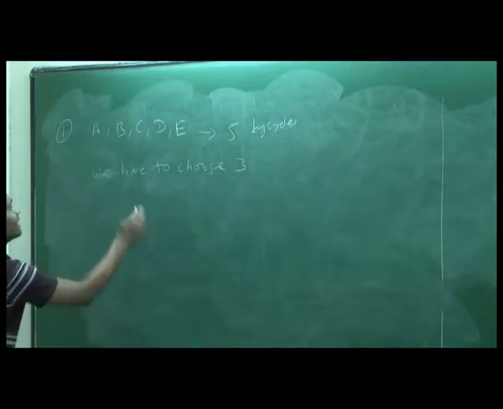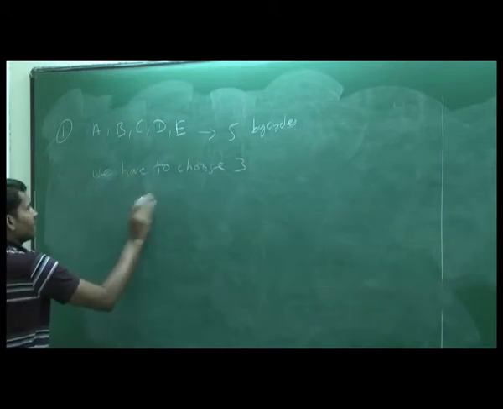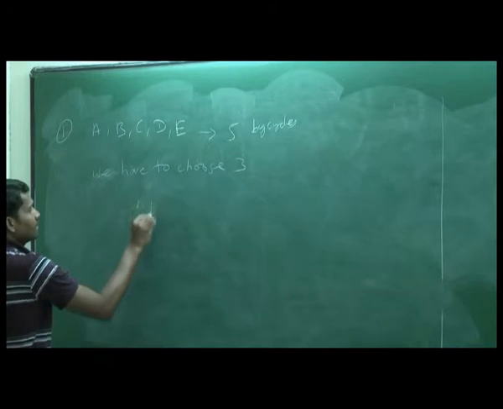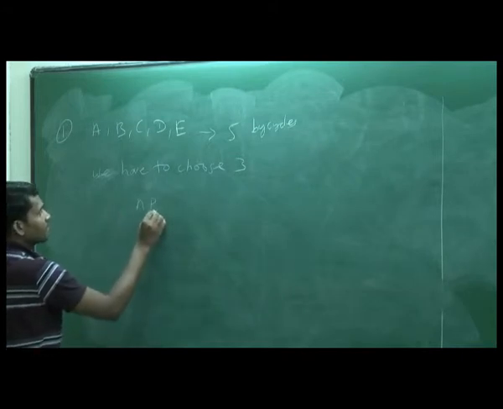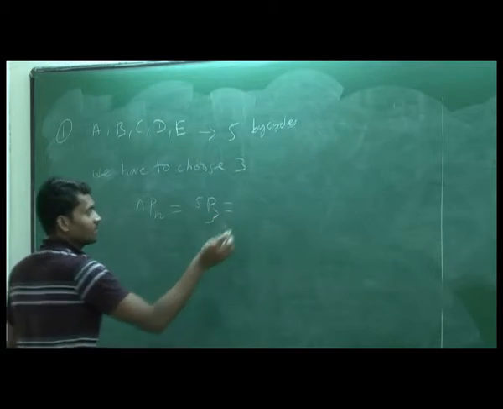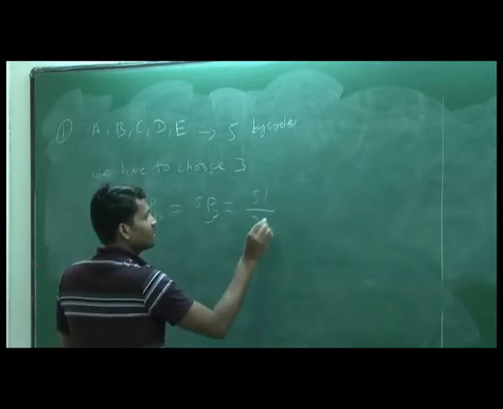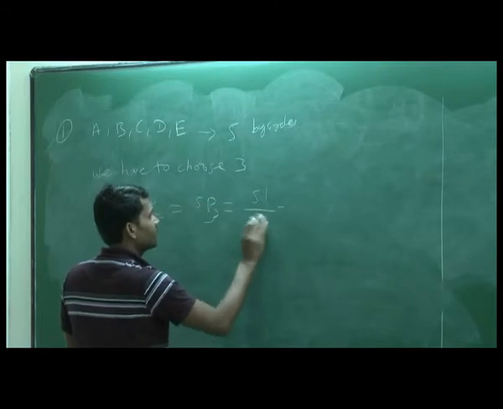So we usually do it by nPr equal to 5P3 equal to 5 factorial by 2 factorial.